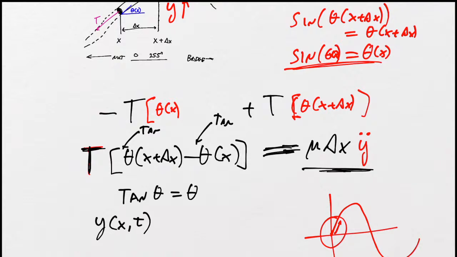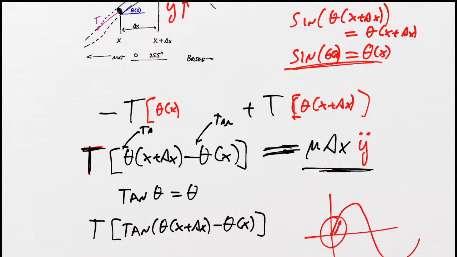So I can now write this as the tension T times, oops, I didn't write this correctly. I forgot the other tangent, right? Times the tangent of theta of x.